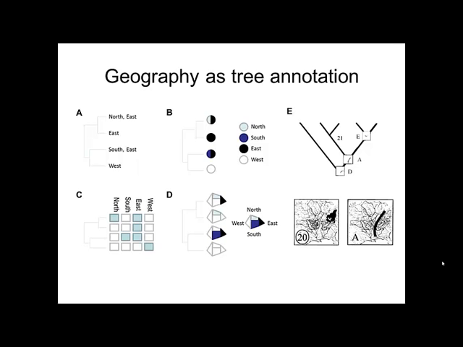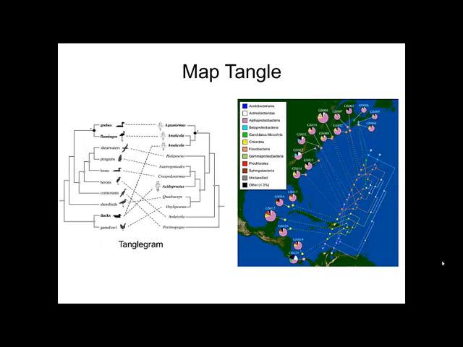So we draw these lines between those groups of species ranges, and then we can draw them on the tree nodes, and then we can line up lots of trees with similar lines on them. We can say, where does this type of line appear on multiple trees? Okay, so that's another way of putting geography onto a tree that's a bit more complicated than just having labels for areas. Here's a map tangle.